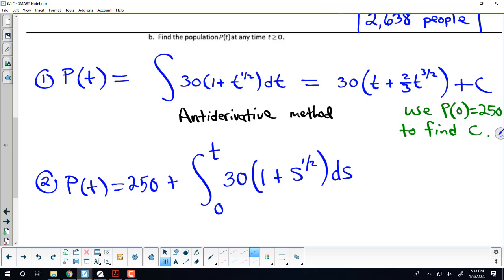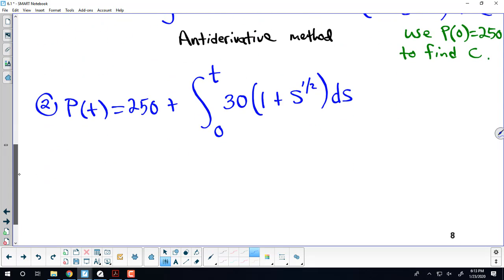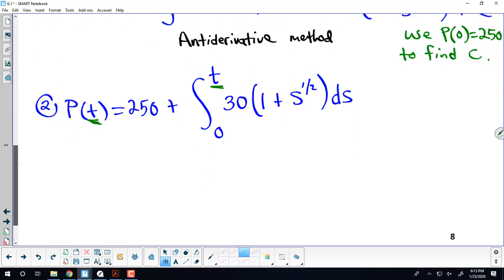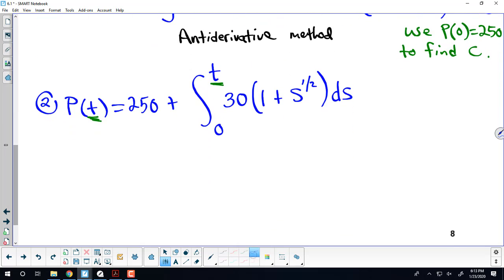All right, good. So feel free to use whatever variable here. The thing is, since this is a function of t, you want this upper limit to be t. Whatever variable you use here, s, x, w, just make sure it's not a t. So we've got our initial value. Again, this is going to turn into a function of t.